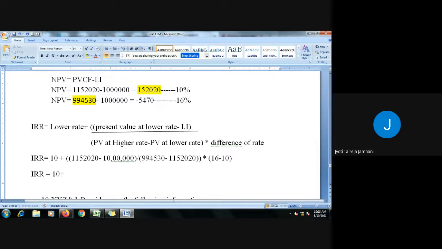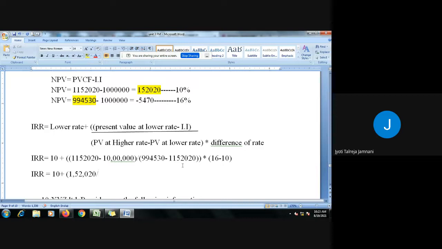So let's solve now. IRR is equal to 10 plus. We will first try to solve the brackets which are there inside. So 11 lakh 52,020 minus 10 lakh, if I do, I'll get 1 lakh 52,020, divided by 9,94,530 minus 11,52,020.